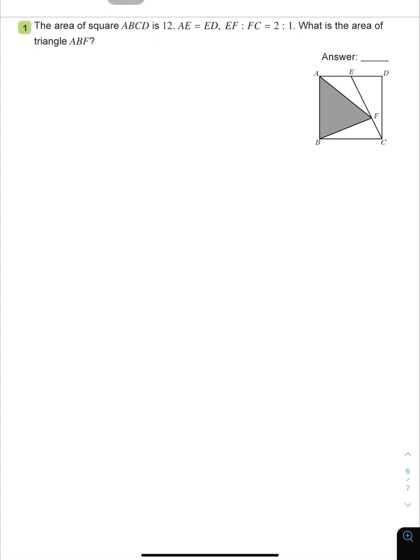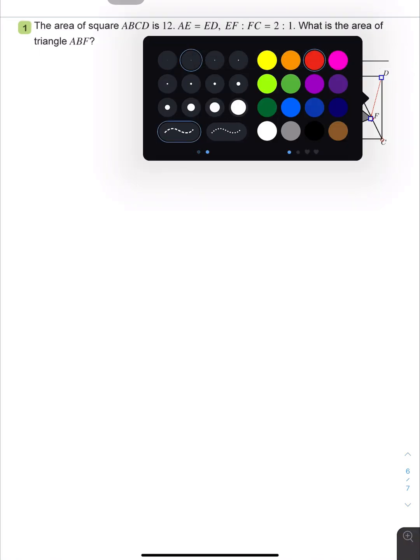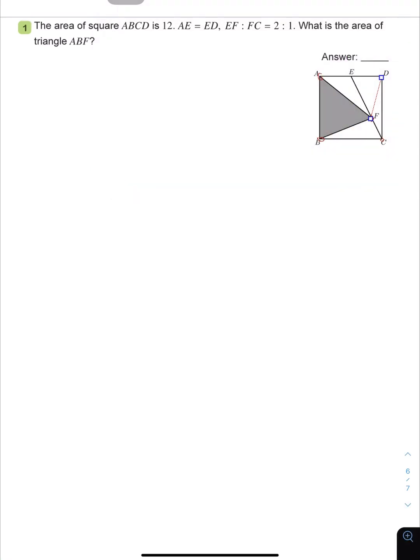And you can see that A goes to F, B goes to F, C also goes to F, right? So it means that if I am to add an assisting line there, I'm definitely going to add it at FD, right?